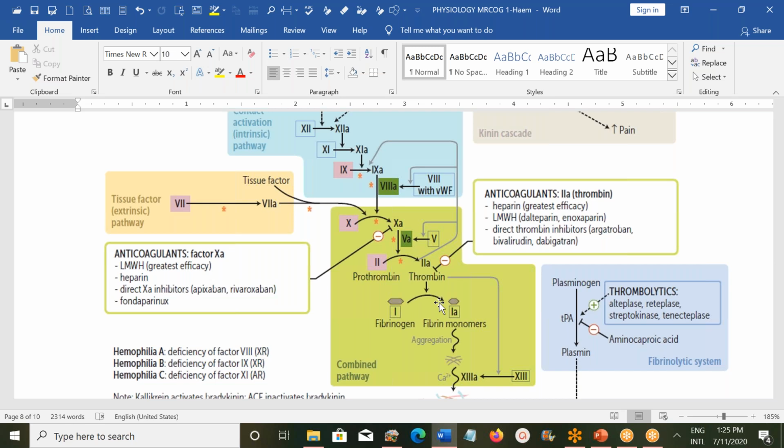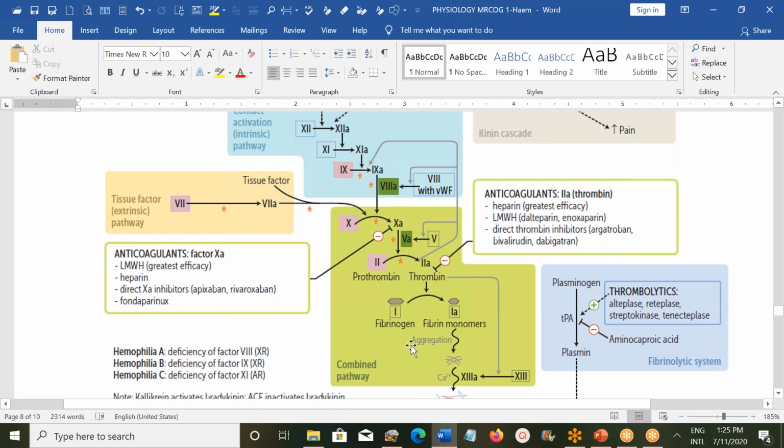Remember, it's simply like that: if there is no calcium in the system, the blood will not clot. That's why, when we are storing blood, we remove the calcium, because we want to keep it anticoagulated. Citrate and oxalate can remove the calcium and prevent clotting.